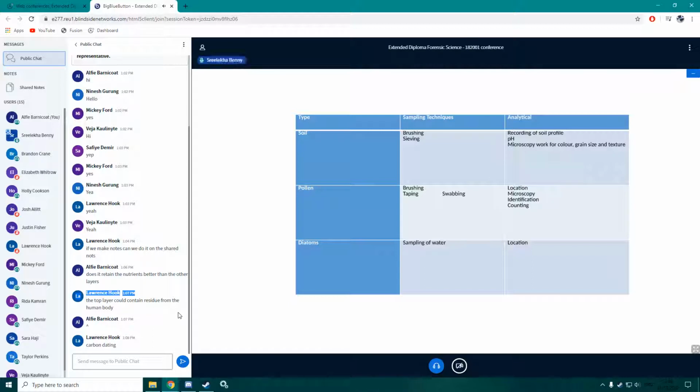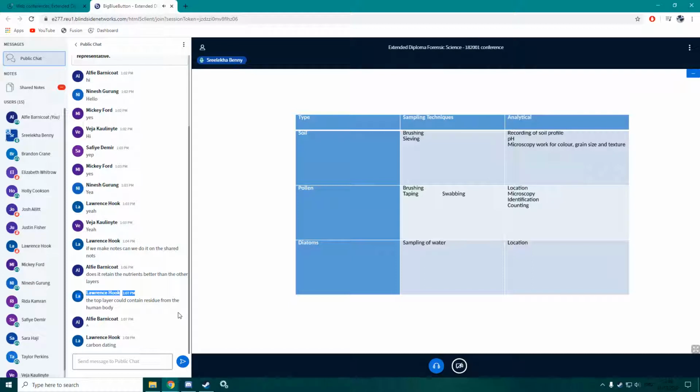If you sample soil from different parts, then you can identify which soil has more carbon or organic matter in it. So then you can identify the soil. Again, nitrogen is used in fertilizers, so that is like plant material.